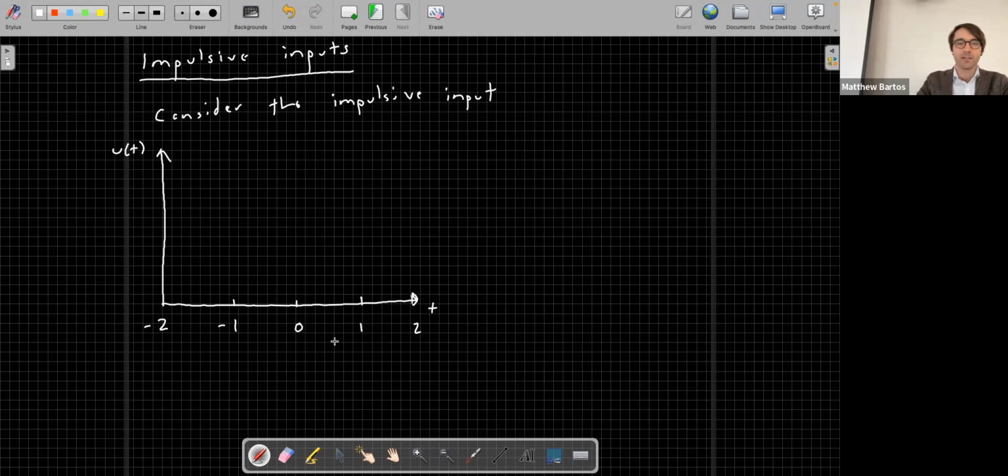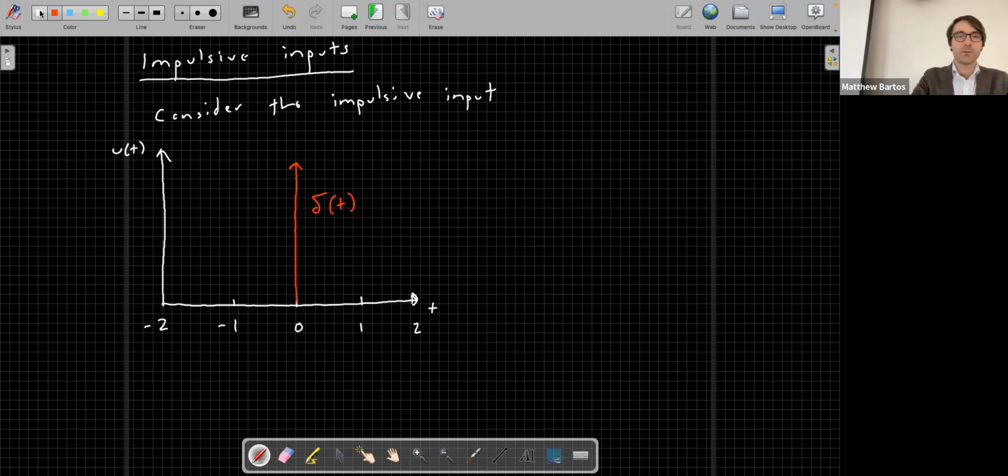Okay, and the impulse input is defined as follows. It is 0 everywhere except for the origin. So it's 0 everywhere except for at time t equals 0. And we'll denote it by this little arrow, and I'll call it delta(t).